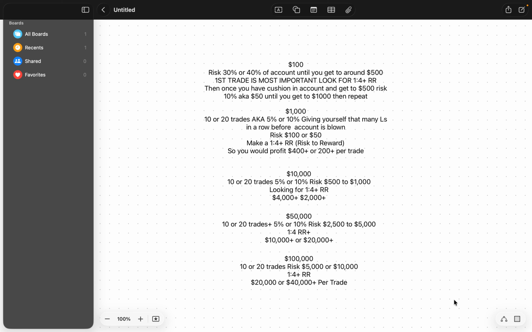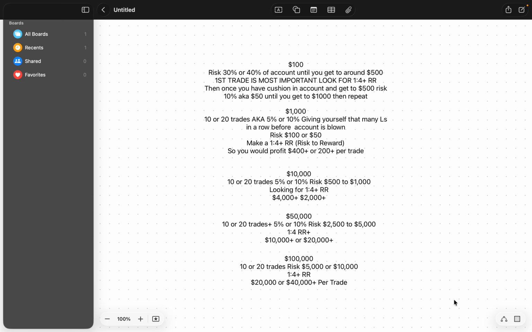The first trade, when you start off at $100, you're gonna have to risk about 30 to 40% of the account. So $30 to $40 on the first trade, and you're looking for 1 to 4s plus. If the market gives you a 1 to 3 or 1 to 2 and it gets to a certain zone, a level of buyers and sellers, you just take your money, take your 1 to 2.